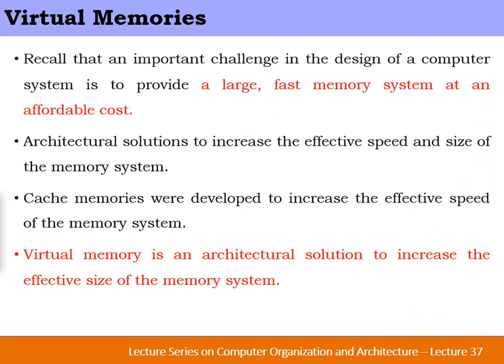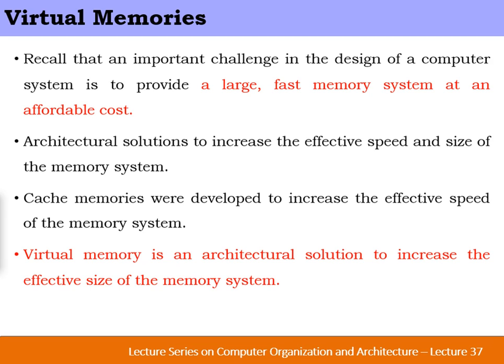Before understanding virtual memory, it is essential to recall the important challenge of a computer system. A computer system requires a large, fast memory system at an affordable cost. The memory should be larger and faster, but the cost must be affordable. Hence, to achieve a large as well as fast memory system, we go with an architectural solution, to increase the speed as well as the size of the memory system.